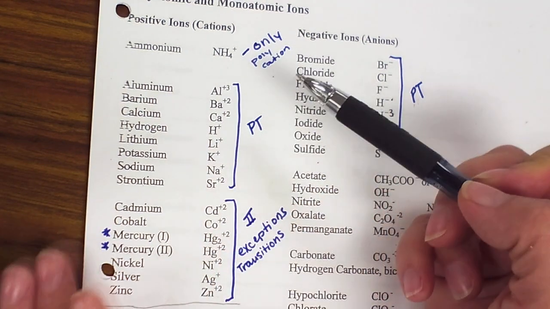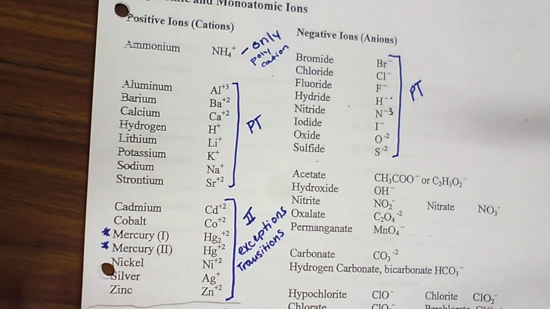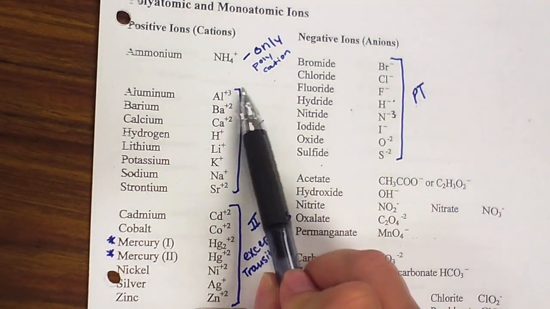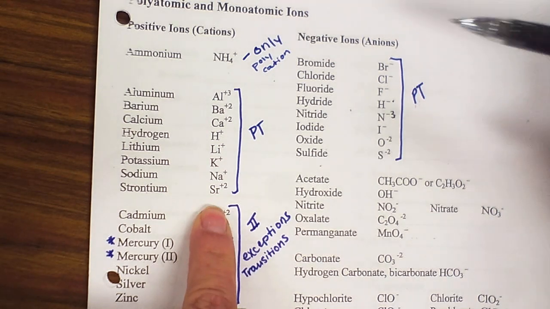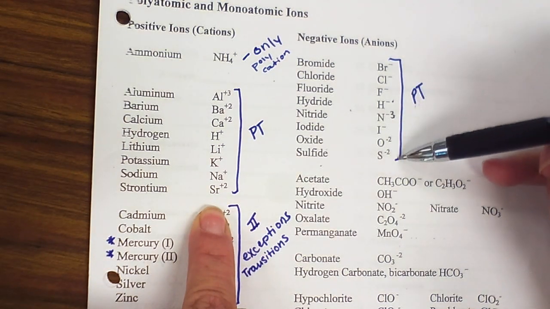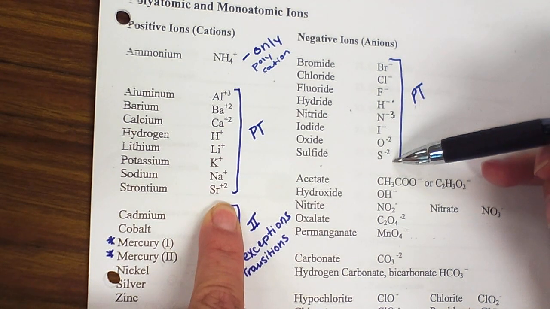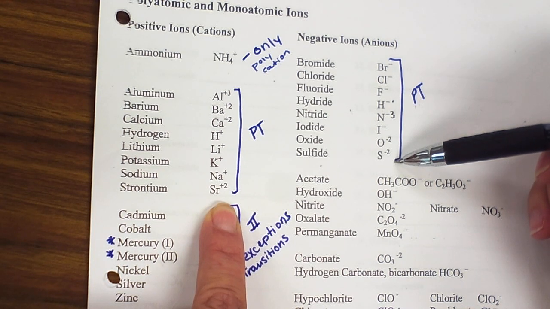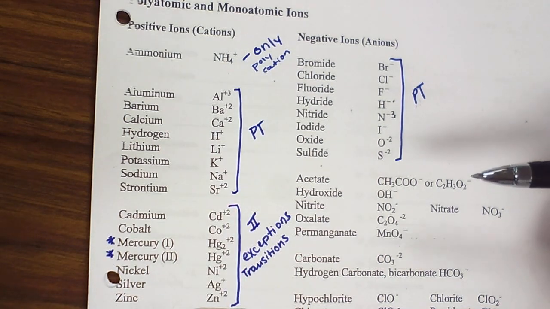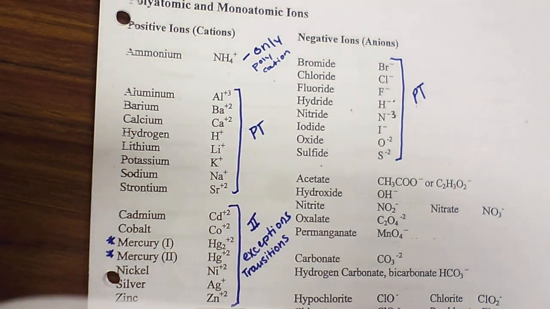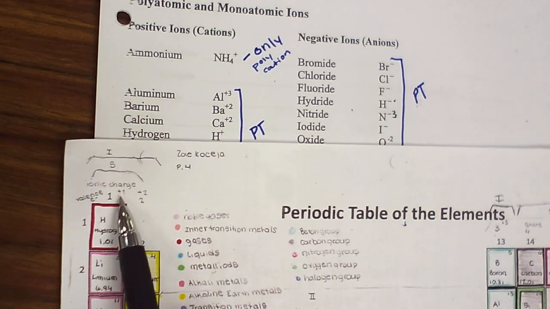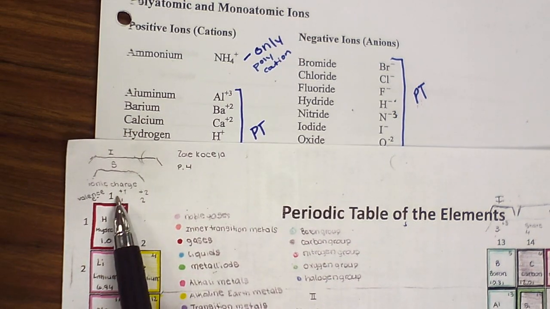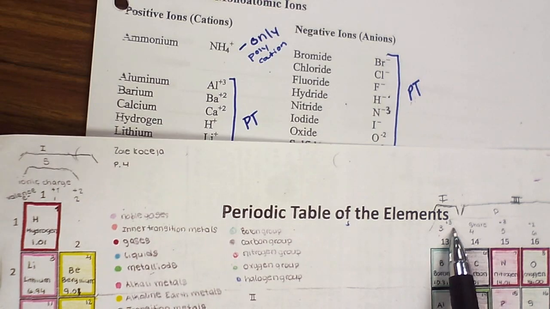So that may help. The second thing to take note of is that this group here and this group here are monoatomic ions that you get the charges simply by going from your periodic table. So for example, when I count on my periodic table, with the +1 charges, so +1, +2, +3, right?